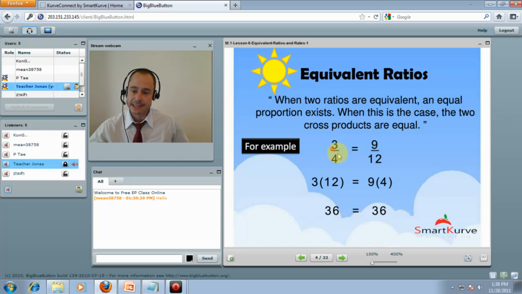That means this is a proportion. You will see more examples of this later.